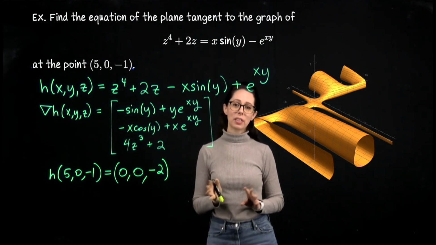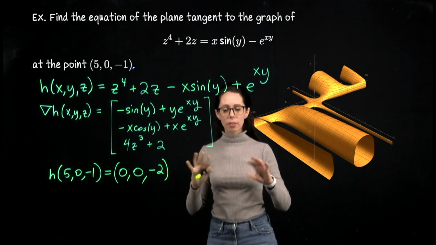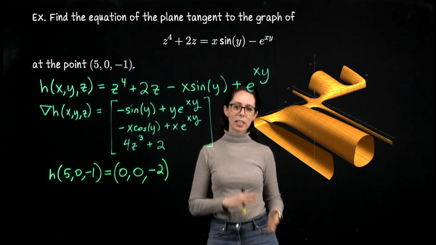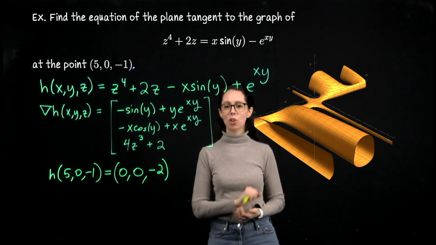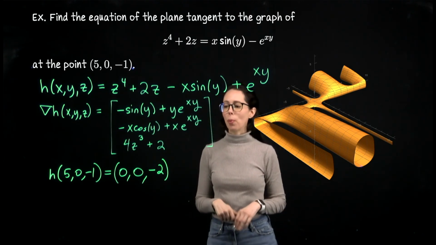Your next and final task is to write out the full dot product and then expand your dot product to hopefully get the equation of the plane which is tangent to the graph of our starting equation at the point 5, 0, -1.